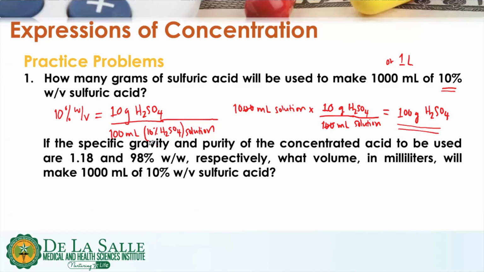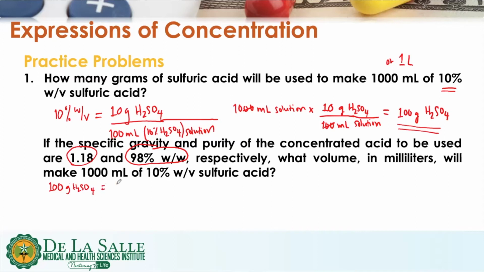We need to take note that the sulfuric acid that will be used has this percent purity and this density. So, first, we will be using the percent purity. So, 100 grams of sulfuric acid will give you 10% weight in volume sulfuric acid in a liter or 1,000 milliliters of the solution.